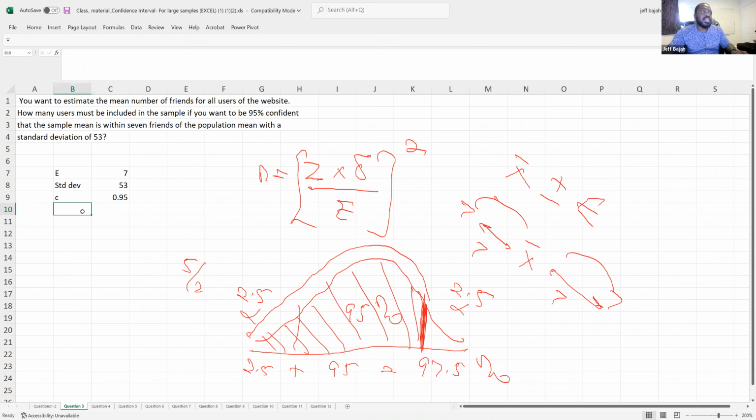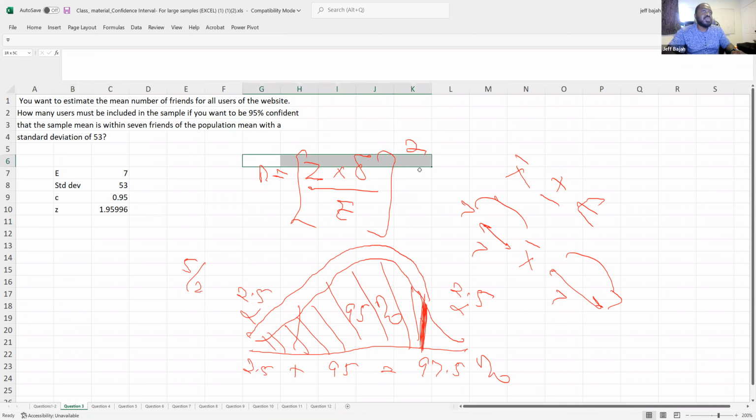And that helps us when we're finding our Z value, because in order to convert a percent back to a Z value, you're doing the inverse of the normal distribution. And so that would be 0.975, and your Z value gives you 1.96.